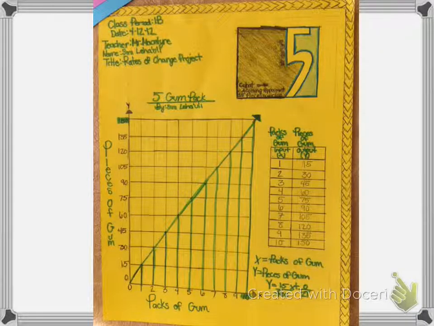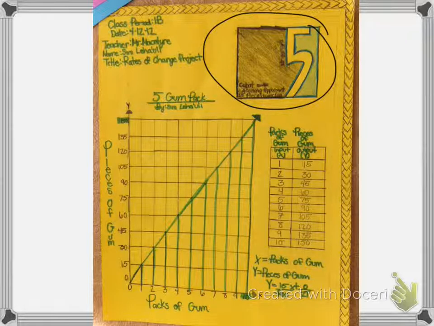Here's a good one. And this is good because you can tell your parents, hey, I need to bring in some gum or some candy tomorrow for my project because I want to actually put it on my project. So could I have a bag of Skittles, please? So there's 15 pieces of gum per pack. 15 per pack. It's right here, right?